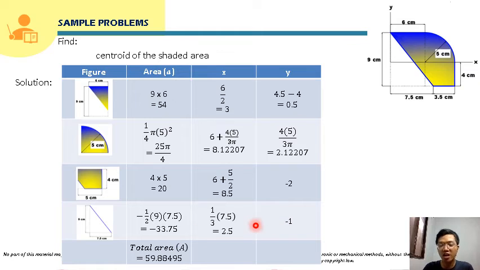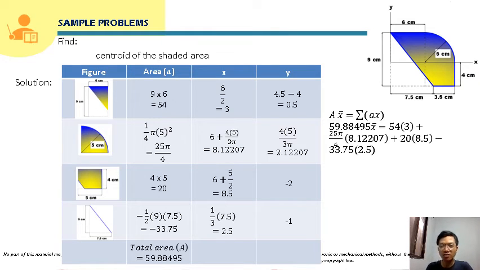Here, we can now solve the x and y coordinates since we already solved for the area and the coordinates of each component area. So let's apply the formula. To solve for x bar, the total area is 59.88495, times x bar, equal to the sum of area times the corresponding x-coordinate.